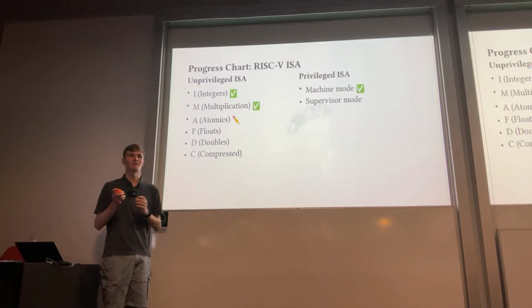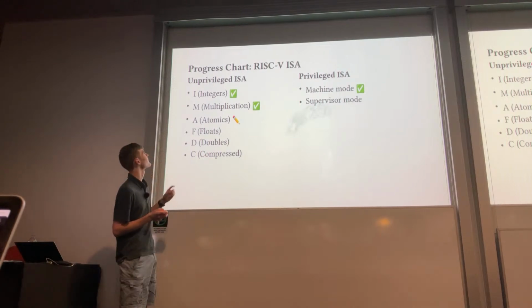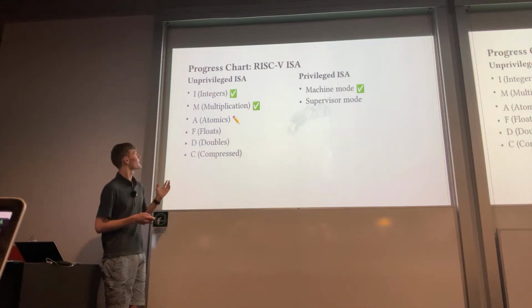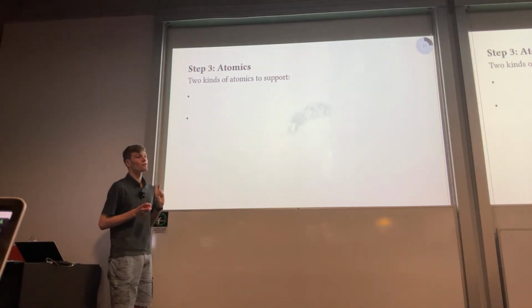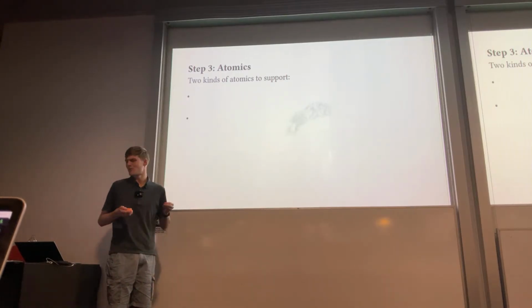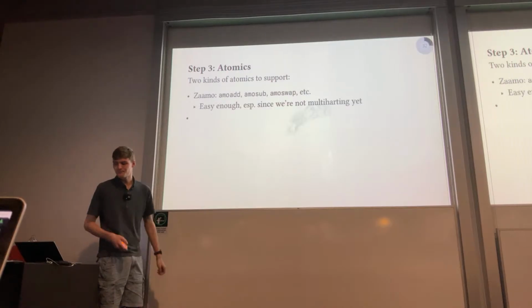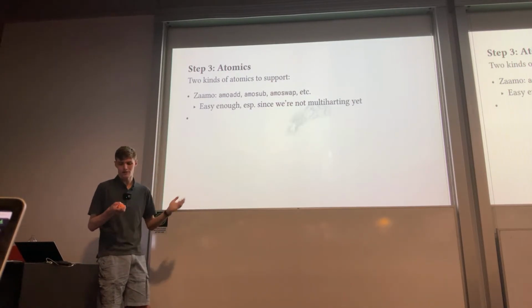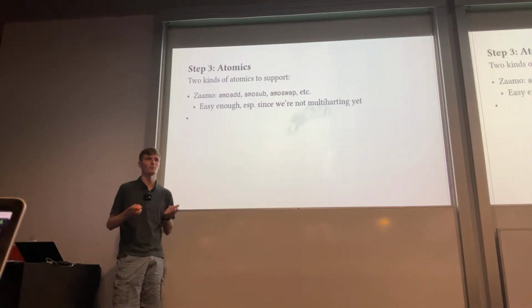So now we can run the RISC-V test suite and verify that our integers and our multiplication are doing as they are supposed to. Then we can move on to atomics. There's two kinds of atomic instructions in RISC-V, and in most architectures anyway. There's the ones you'll all likely be somewhat familiar with.